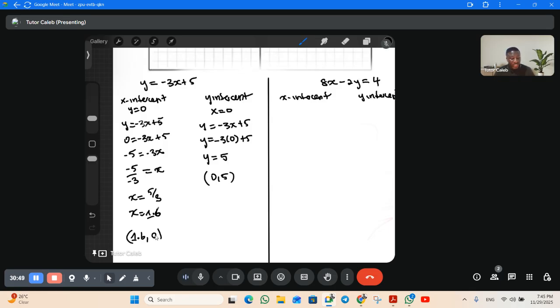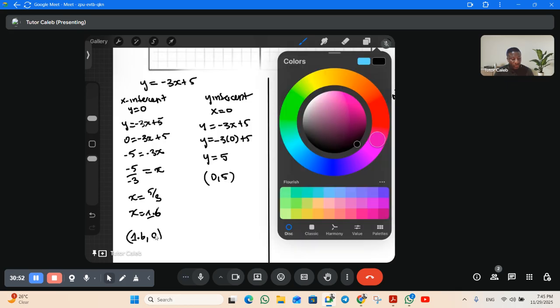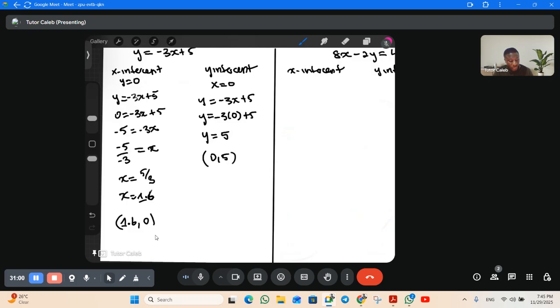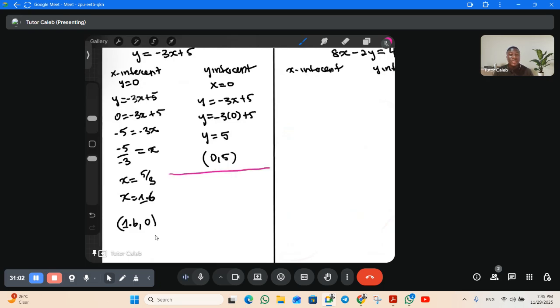This is just a side note which can make work easier for a student. Let me take an example of what I'm talking about. I've already gotten my two intercepts, so I'm just giving a side note now. I'll write my side note in purple.